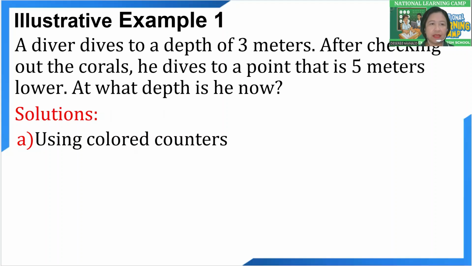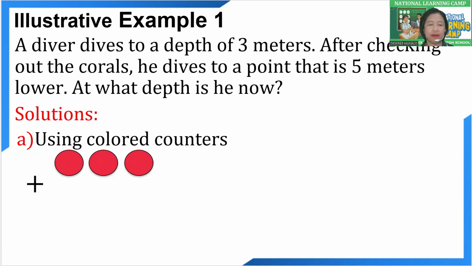Let us have an illustrative example. A diver dives to a depth of 3 meters. After checking out the corals, he dives to a point that is 5 meters lower. At what depth is he now? For the solution using colored counters, we will have 3 red colored counters since we are talking about depth.